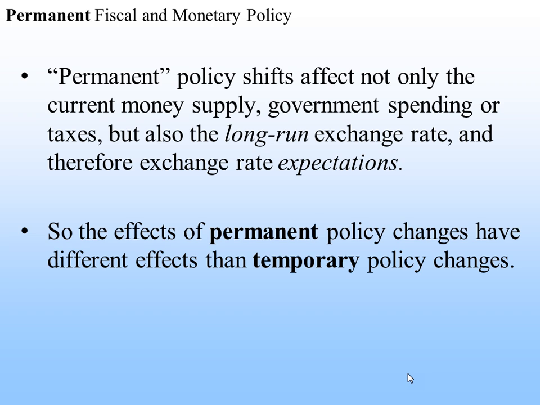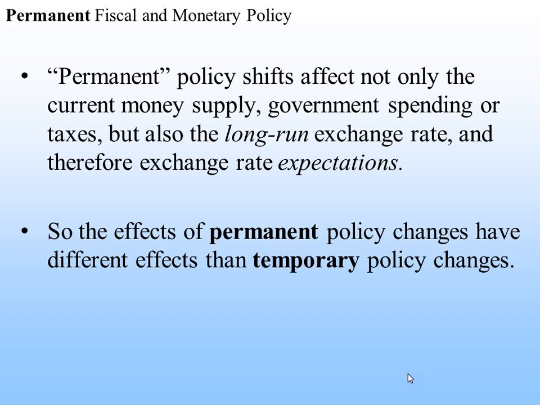And that means they're going to affect the long-run exchange rate. And that means that when the policy is implemented, market players or investors in financial markets immediately change their expectation of future exchange rates.